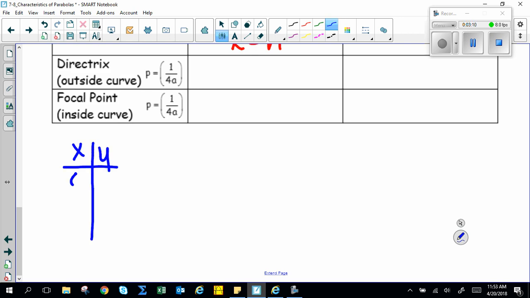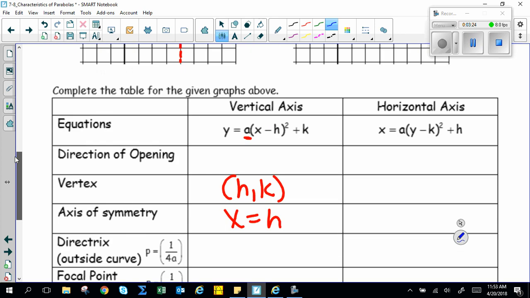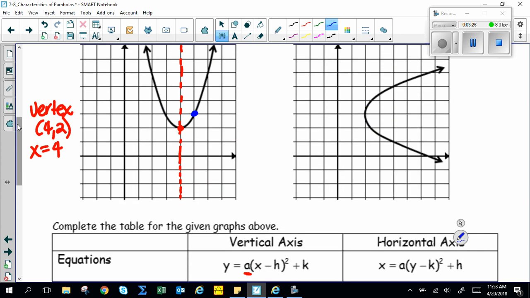The parent function is 0 squared is 0, 1 squared is 1, 2 squared is 4, 3 squared is 9. So wherever your vertex is, you would go over 1 and up 1, over 2 and up 4, over 3 and up 9. So let's look at the vertex here. Did the vertex go over 1 and up 1? So the a value is 1 for this example.